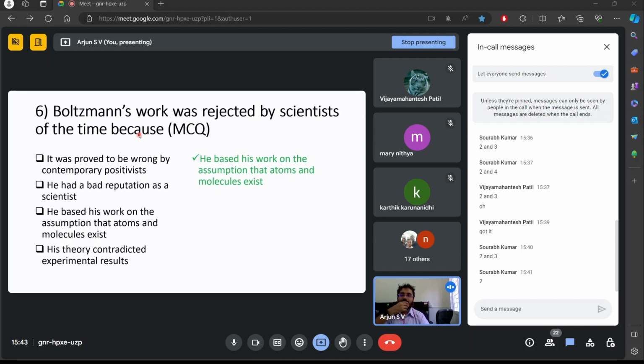'His theory contradicted experimental results' is not an obvious answer, and 2 is also not obvious. So it's either 1 and 3 or just 3. We will discuss this in next week's lectures as well. I'm not sure what the answer would be. If anyone doesn't have any doubts, I'll move on to the next question.